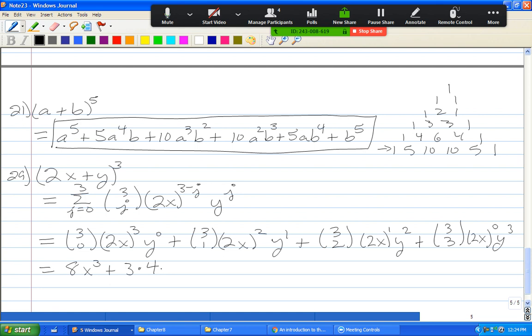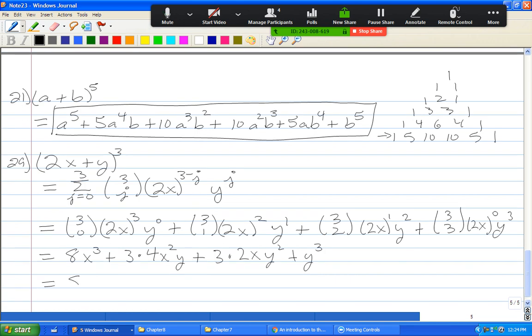2 squared is 4. x squared is x squared. 3c2 is 3. 2x to the first is 2x. y squared is y squared. 3c3 is 1. 2x to the 0, that's 1. y cubed is just y cubed.